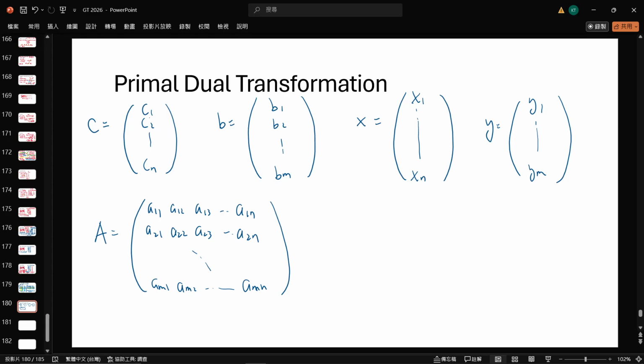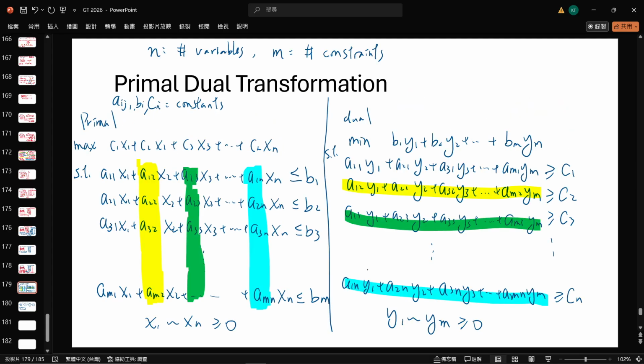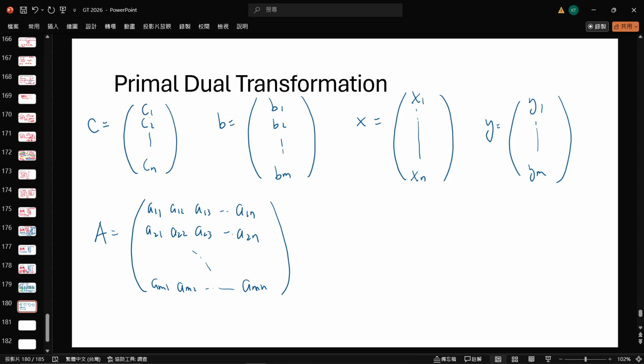So there's a compact way of representing primal and dual problems. First of all, observe that c1 x1 plus c2 x2 and so on is just the product of these two vectors. If you use inner product to represent this, it becomes c transpose x.